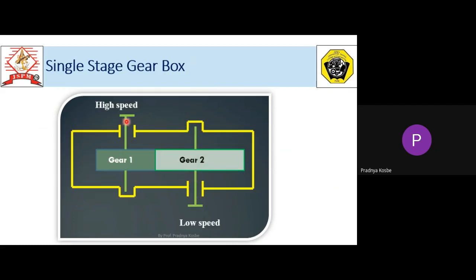The input is high speed. So gear 1 will rotate at high speed and mesh with gear 2, and the speed will get reduced and be output at the second shaft at low speed. So speed reduction takes place within a single stage using one pair of gears. One pair means two gears, so it is known as a single stage gearbox.